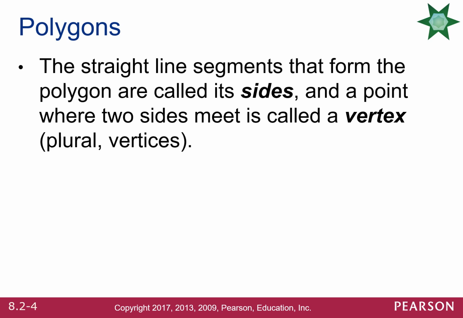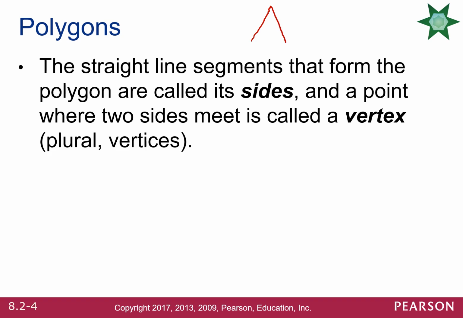We have to know a few terminologies on polygons. The first is that the straight line segments that form the polygon are called its sides, and a point where two sides meet is called a vertex. The plural of a vertex is referred to as vertices. All right, so what this means is, let's take a triangle, which is a polygon.